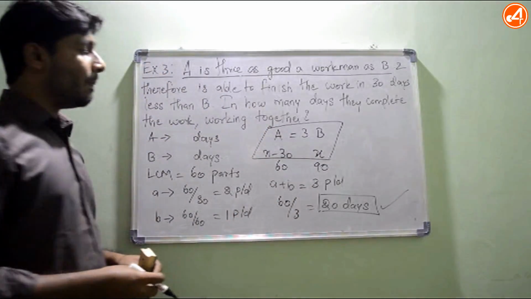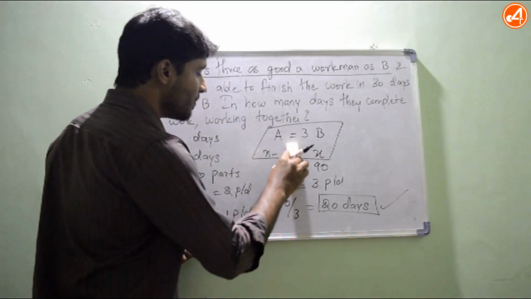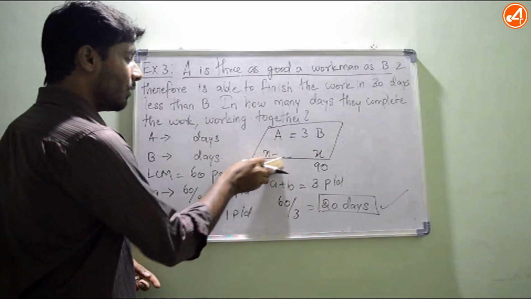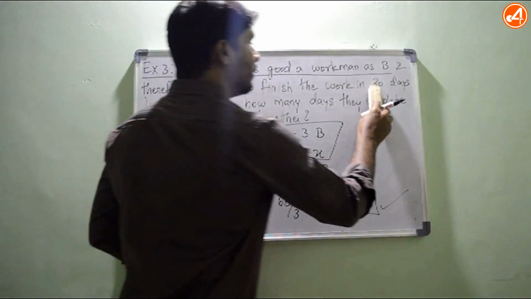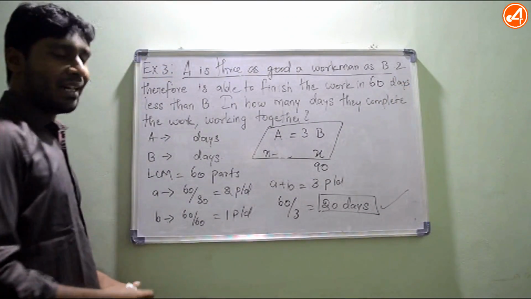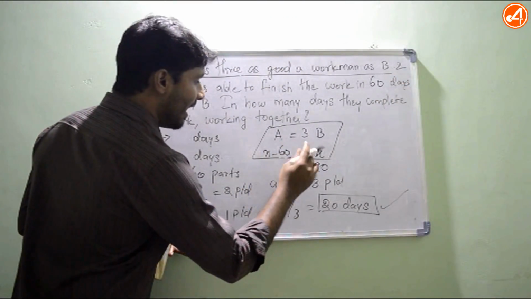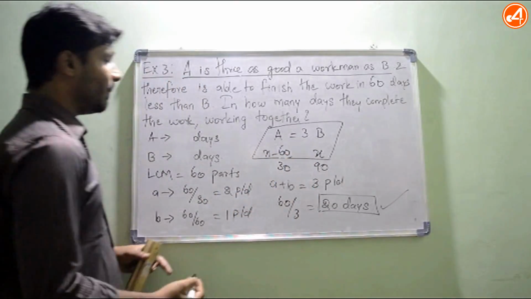So you just simply compare. And here X minus, the question must change again, and the question should be like, A can complete the work in 60 days less than B. Got it? And this becomes X minus 60, and next I can take it as 90. If minus 60, it becomes 30. Again compare.